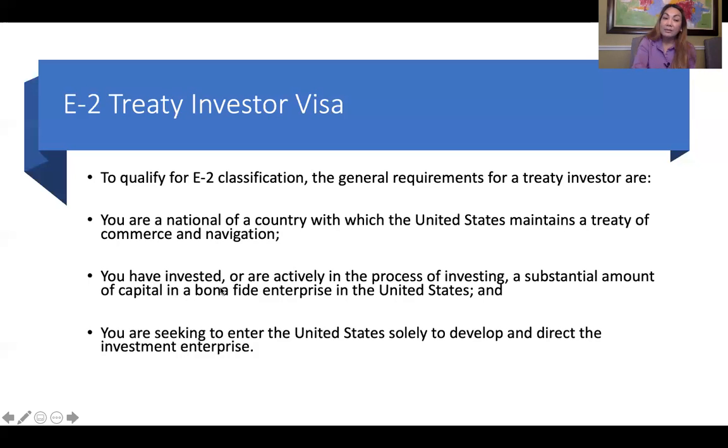The E-2 applicant must have invested, or must be actively in the process of investing, a substantial amount of capital in a bona fide enterprise in the United States. This second requirement actually has many parts.